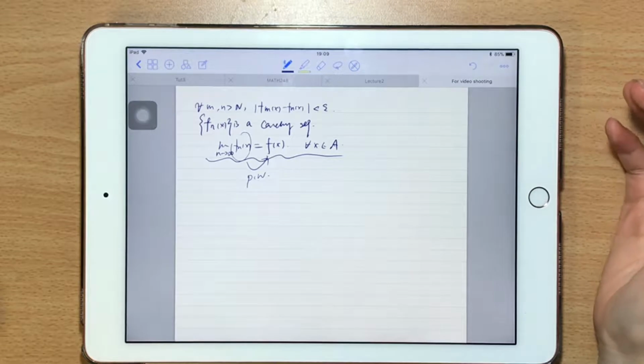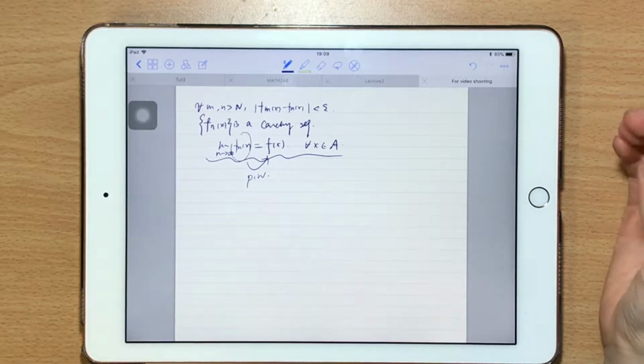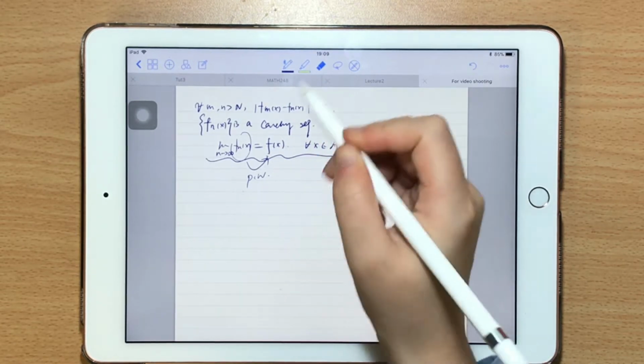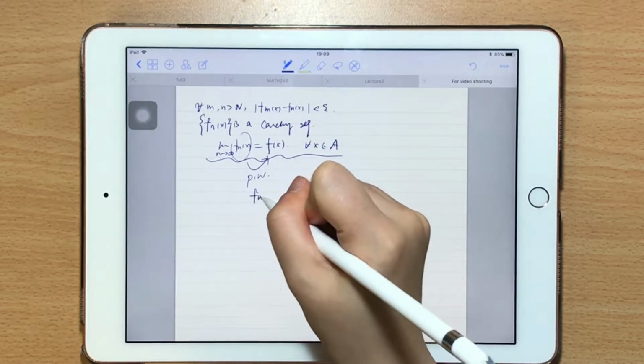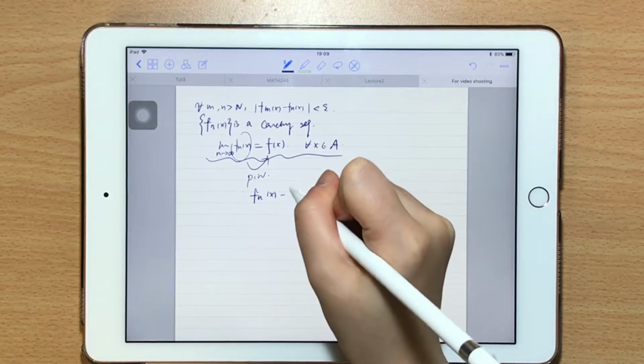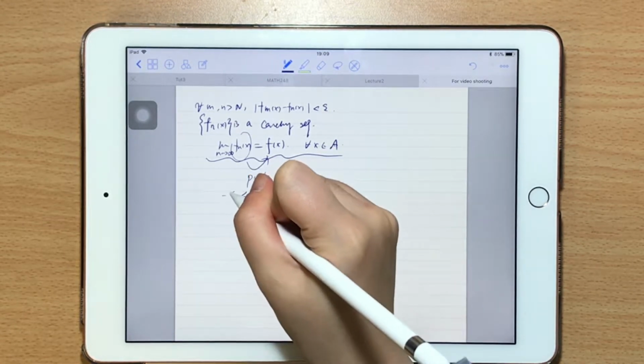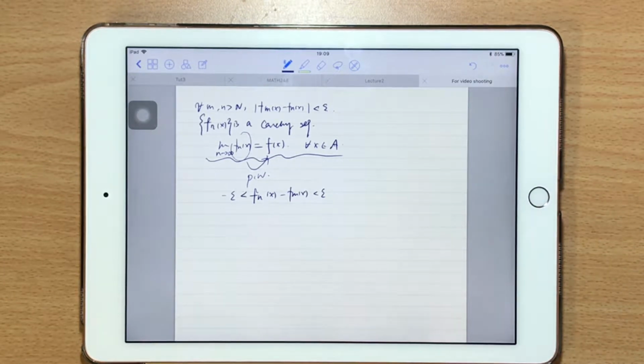Okay, and then we know that f_n(x) minus f_m(x) is larger than minus epsilon and smaller than epsilon.